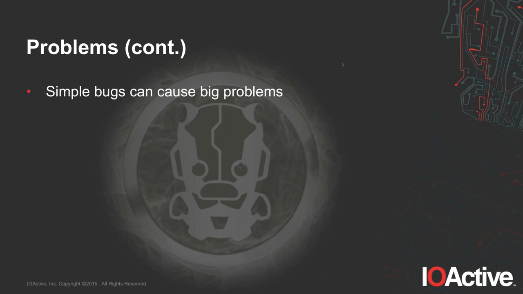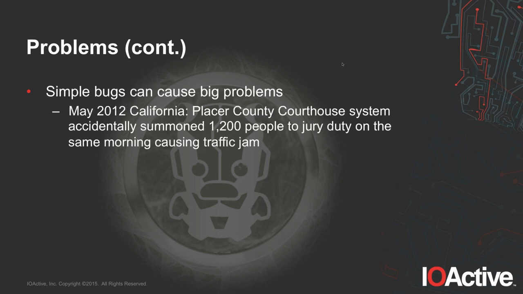Here it is interesting to show how sometimes simple bugs can cause big problems. These are three different and interesting examples of this. First, in 2012 in California, the Placer County system accidentally sent a notification to 1,200 people that they had to go on jury duty on a specific date and time.